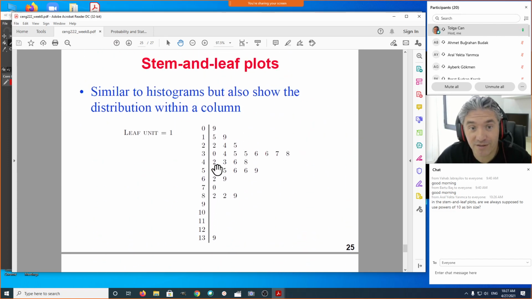Very good question. In a stem and leaf plot, your numbers don't need to be decimal numbers. For example, if you turn them into base 2 or base 16, if you have hexadecimal numbers, you don't need to use powers of 10 if you represent your numbers in a different base.